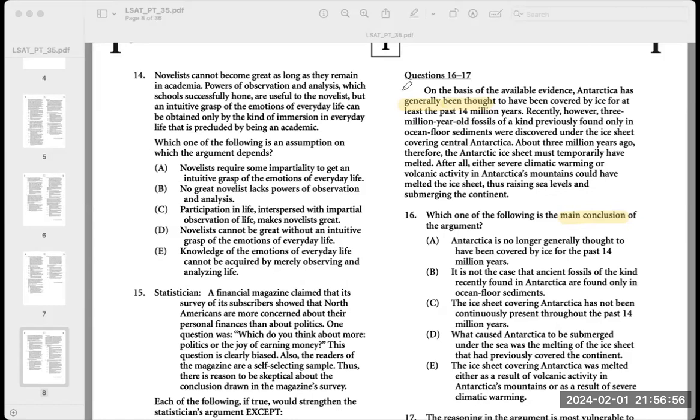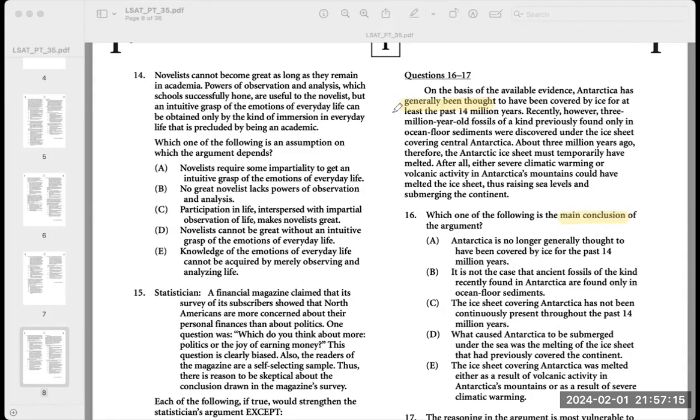It's quite common that the LSAT is going to play on that relationship between a traditional perspective and a modern or new perspective. Okay, so I'll get back to the point.